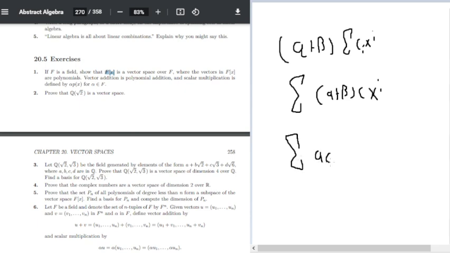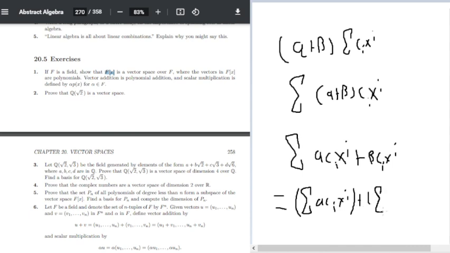We have alpha c_i x^i plus beta c_i x^i. I should also put a subscript for the i. Oh, I could introduce some Einstein notation if I want to, which is equal to the sum of alpha c_i x^i plus the sum of beta c_i x^i.